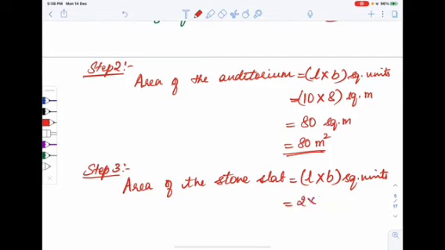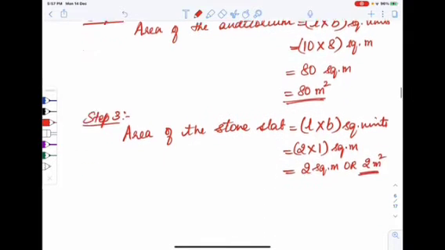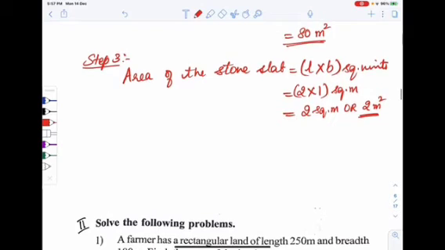So 2 into 1, since the unit is in meters, we are taking it as square meters. So 2 into 1 is 2 square meters, or 2 meters square. As I said, both are the same. Now moving on to step 4.